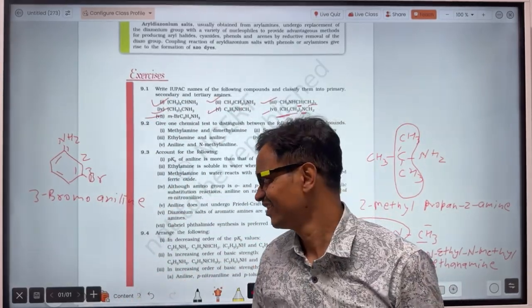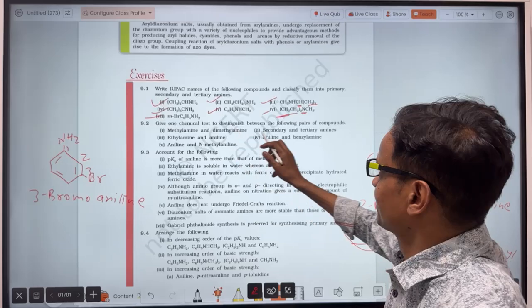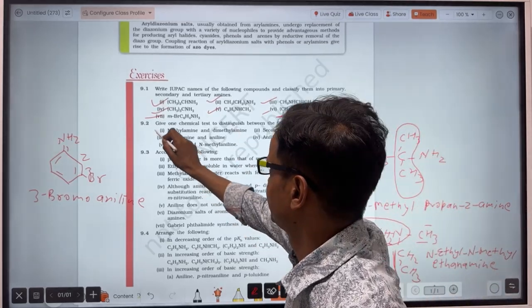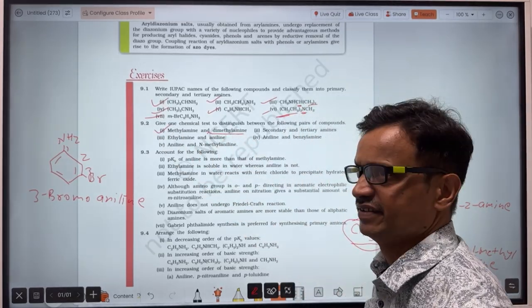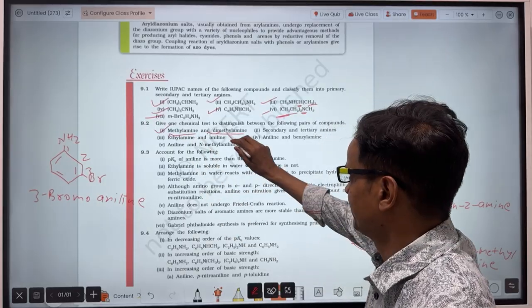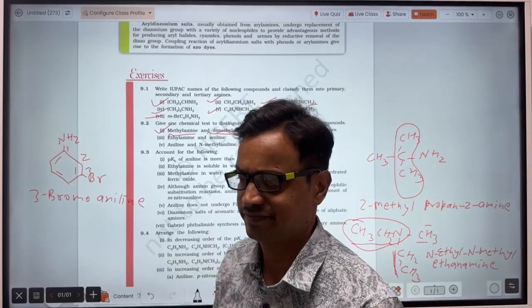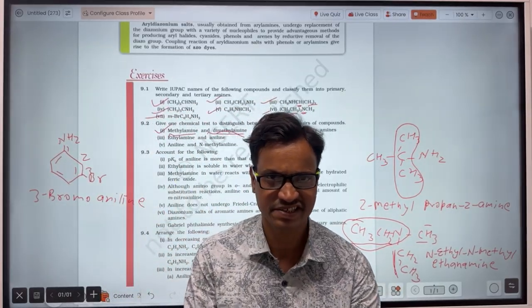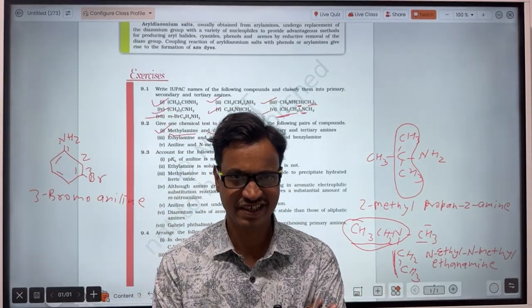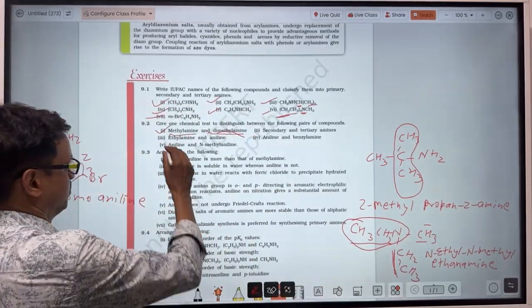Okay, guys. Now let's see this one. Give the chemical test to distinguish between the following pairs of compounds: methylamine and dimethylamine. So what is here? Methylamine is a 1 degree amine and dimethylamine is a 2 degree amine. So you can use the isocyanide test.